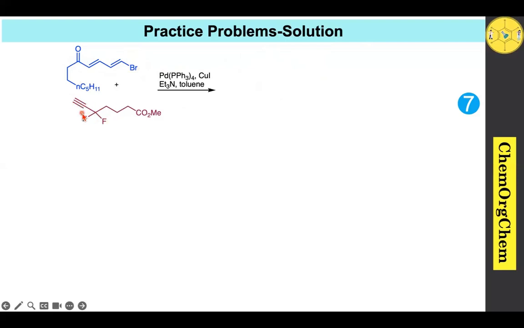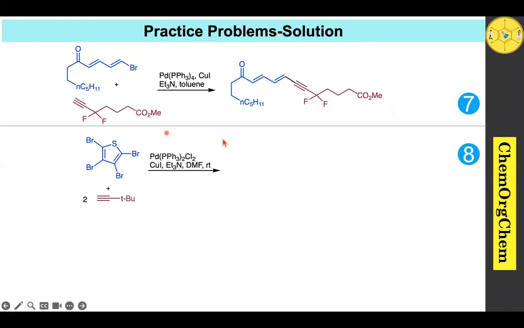Under this Sonogashira cross-coupling reaction condition, this side is going to couple with this terminal alkyne, producing this corresponding carbon-carbon coupling product. Note it down: the stereochemistry of these two alkene geometries doesn't alter under this reaction condition. So now let's move on to our eighth problem.